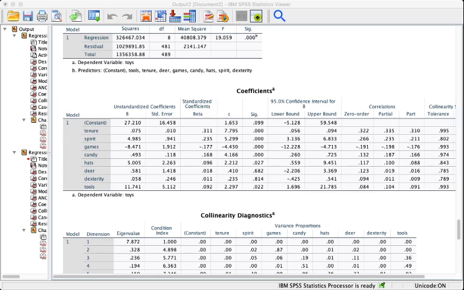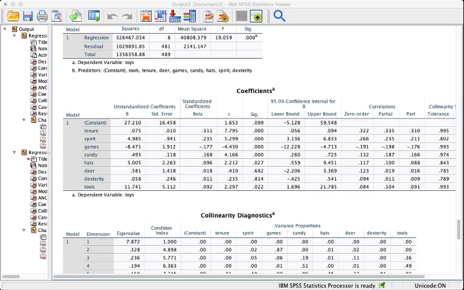I can tell that by looking at this significance column, the fifth column here. As always, ignore the constant, because for most of the psych that you will do, it does not matter.